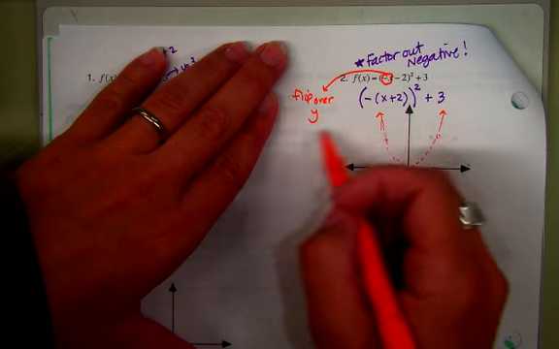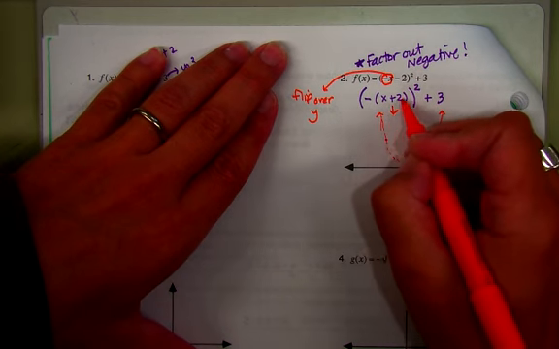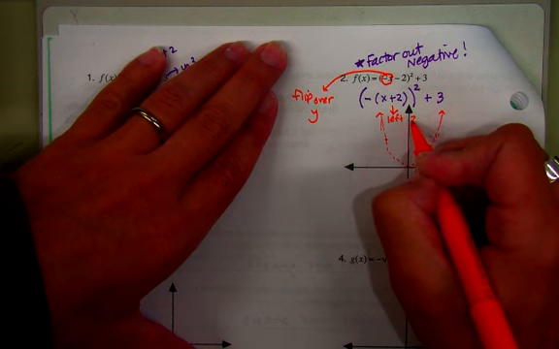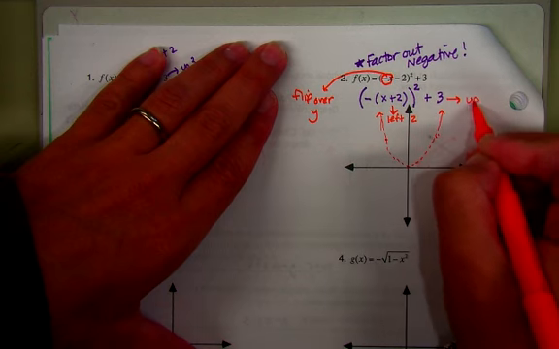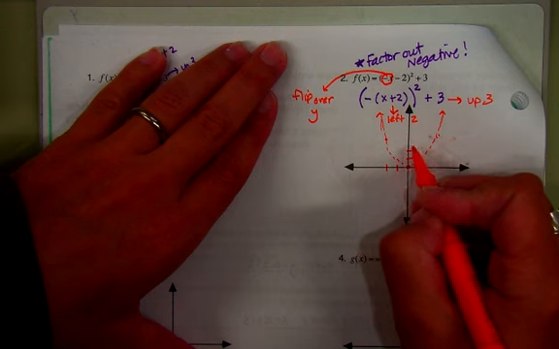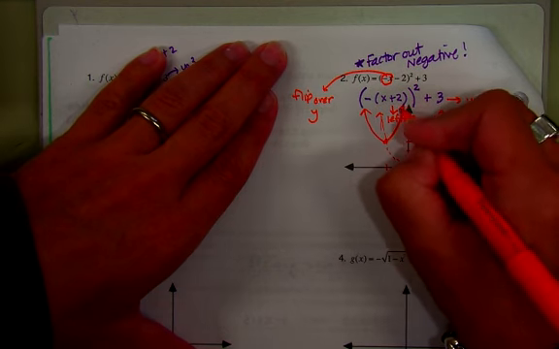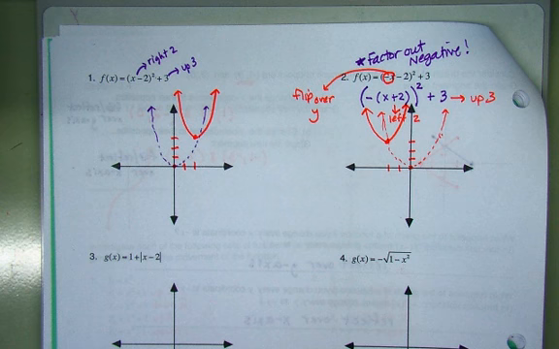Okay, nothing actually happens. So then I can now do my other moves, which this one means I want to go left 2, and then this one goes up 3. So I take my vertex, I go left 2, and up 3. This one does not flip upside down. Okay, it just moves over.